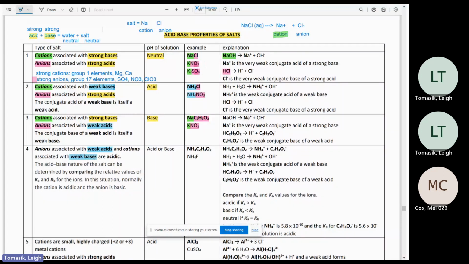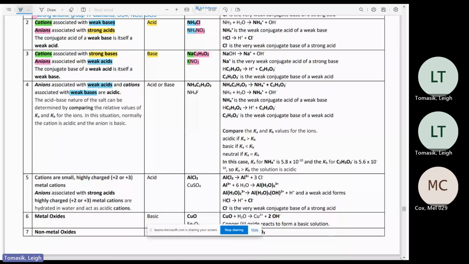Here we have to figure out which one is stronger. We do that by comparing the Ka value of the acid, the equilibrium constant value of the acid, with the equilibrium constant of the base. Remember that the higher the Ka value, the more H plus ions it gives off, and the higher the Kb value, the more OH minus ions it gives off.